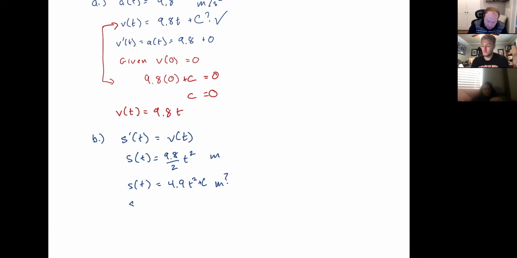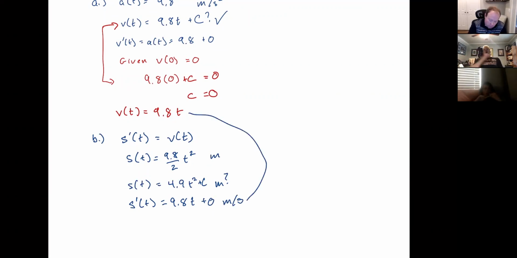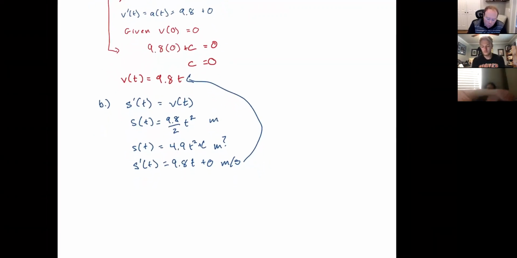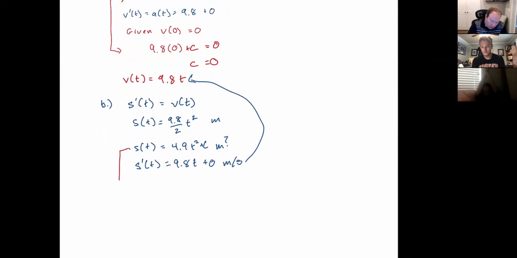And when we take the derivative, S prime of t, we do indeed get 9.8 t plus 0 meters per second, if we're paying attention to our velocity units. Oh, yeah, that's good. That's what we had right here for our velocity. So of course, just like before, we want to consider what we were given.